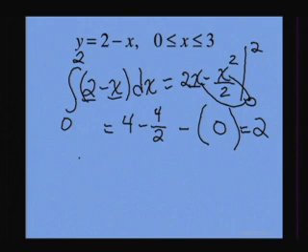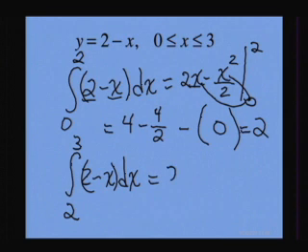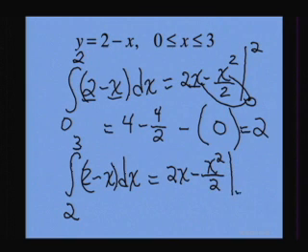Now we need to integrate the same formula from 2 up to 3. So the 2 minus x dx. We already know what that's going to be from what we did earlier. So we'll have 2x minus x squared over 2 evaluated from 2 to 3.